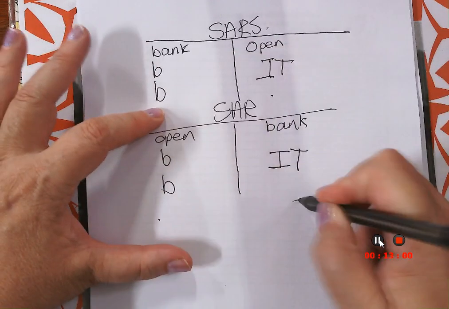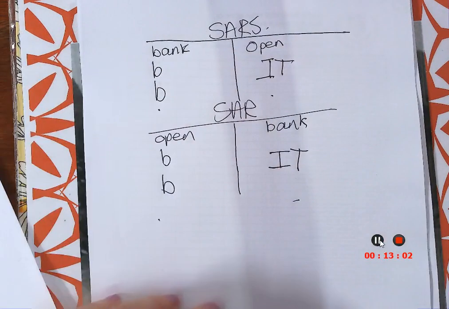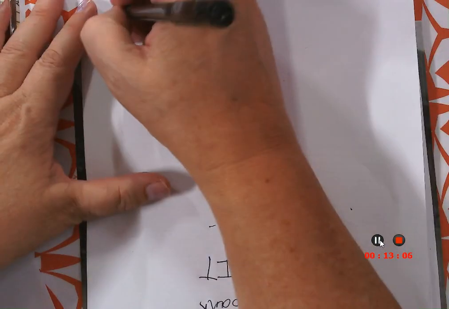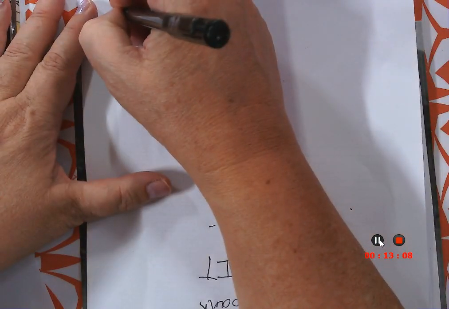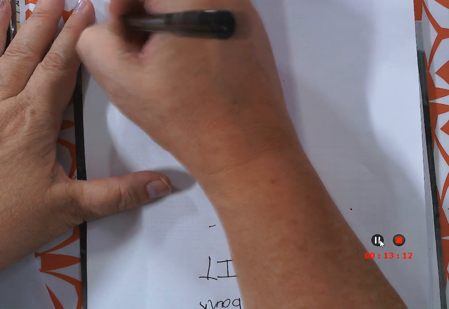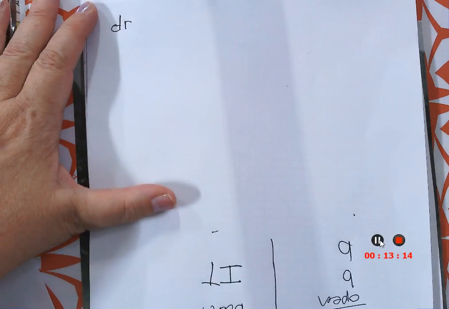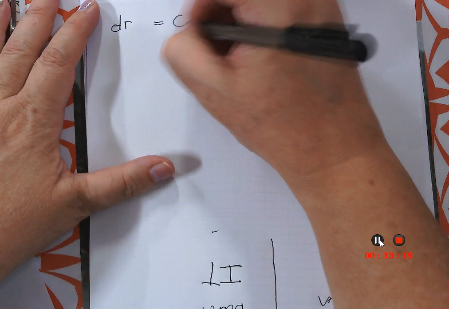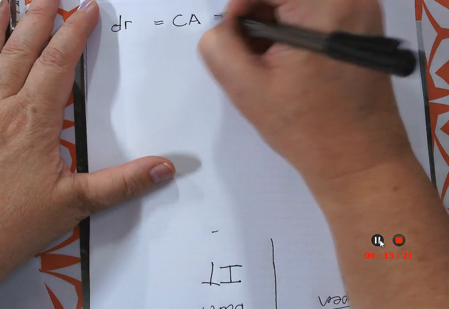First thing you need to know: when I say that SARS has got a debit balance, it means it's a current asset. It means it's a receivable.